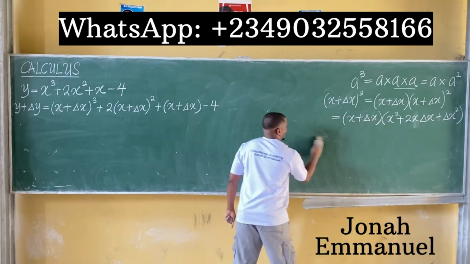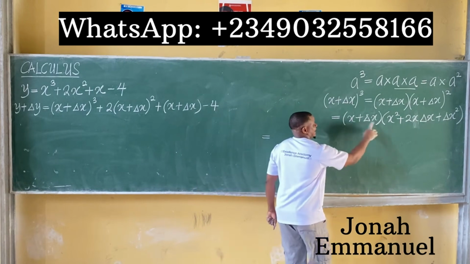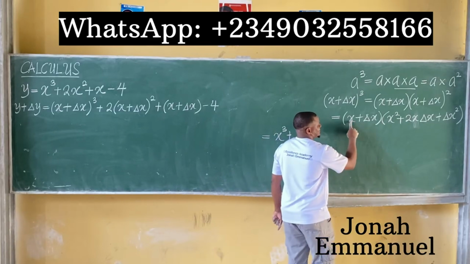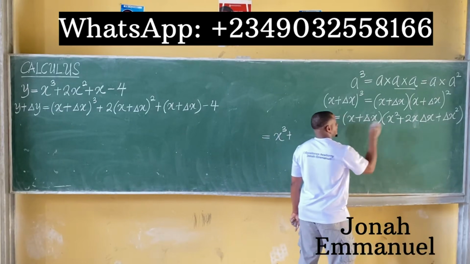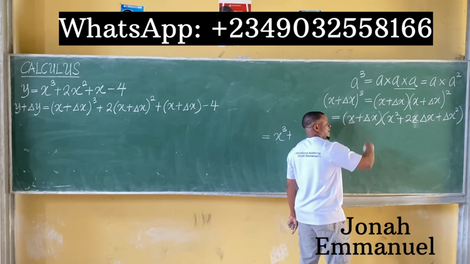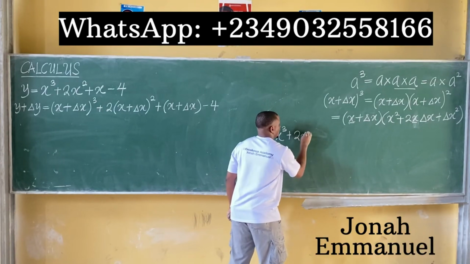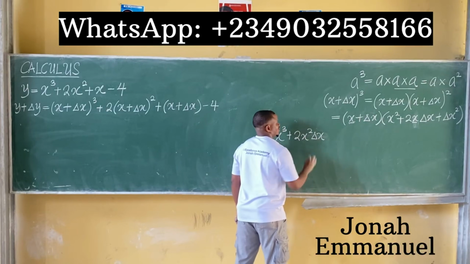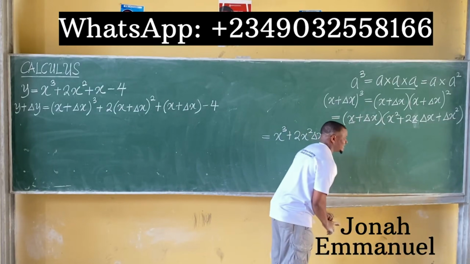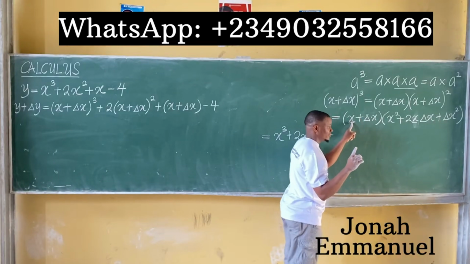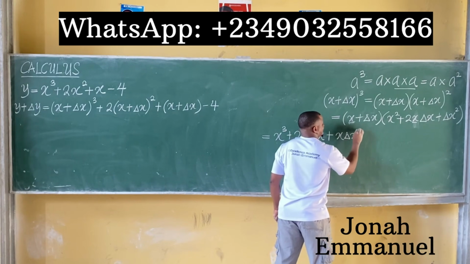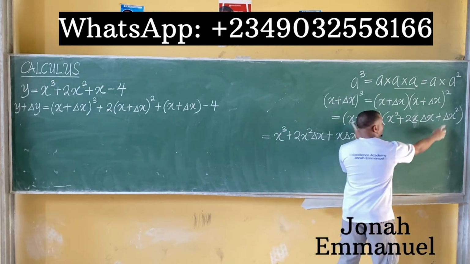Let me expand this a bit. x times x squared gives you x cubed, plus x times 2x change in x, which becomes 2x squared change in x. Then plus x times change in x squared, that's x change in x squared. That's it.